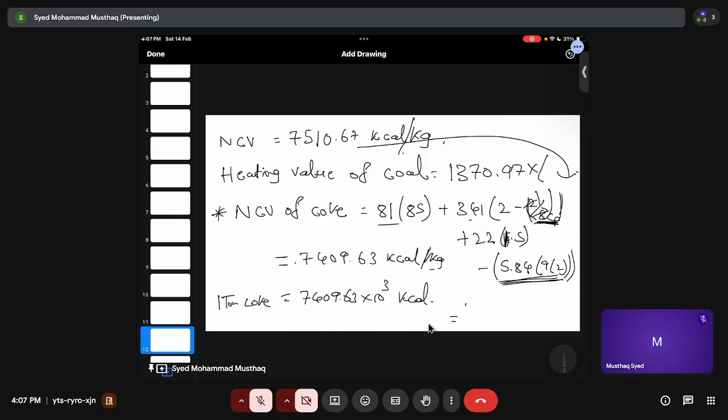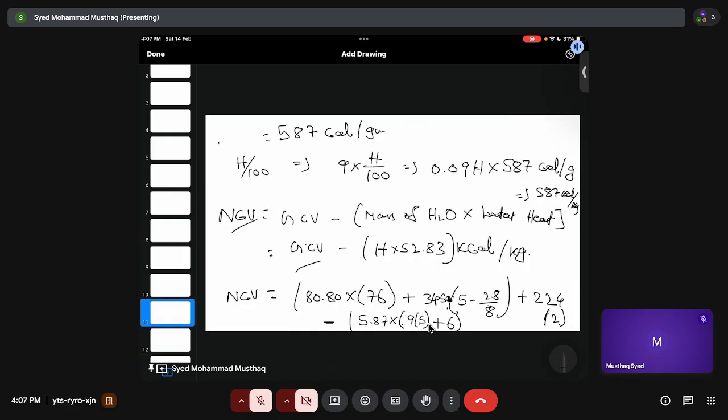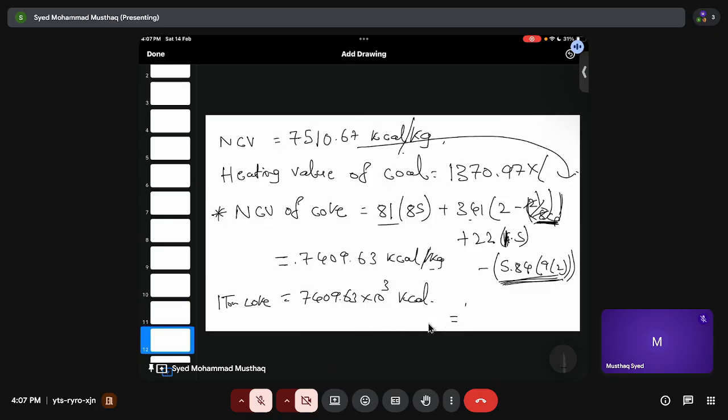Initially this was the amount that has been produced, but from that something is lost. So let's calculate: 1370.97 into 7510.67.